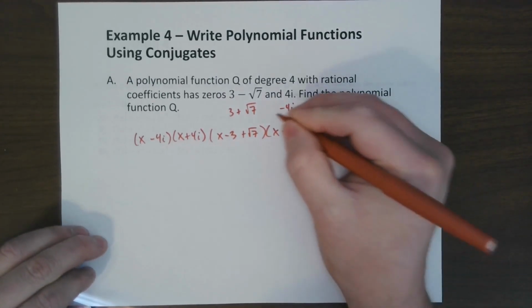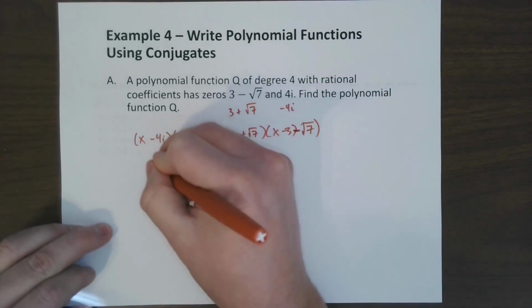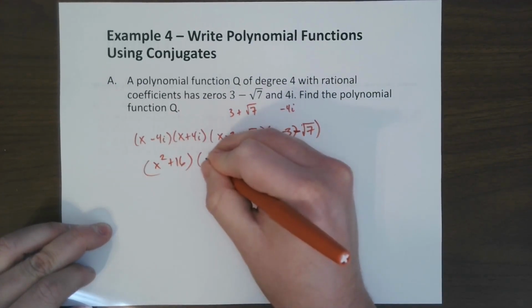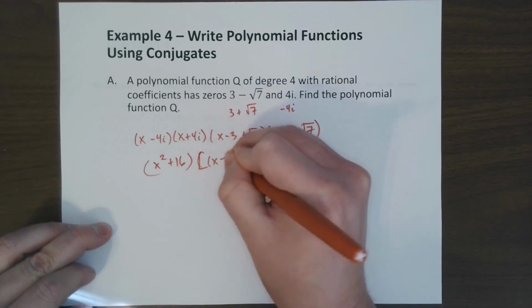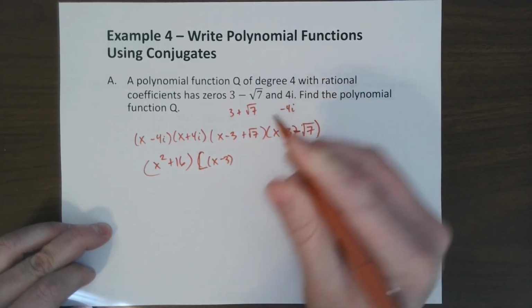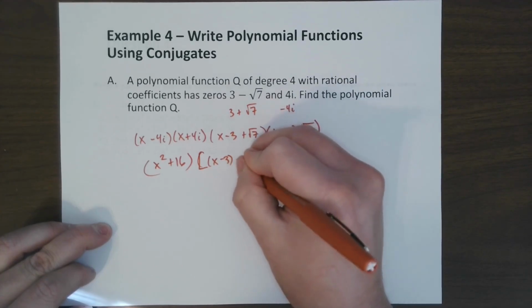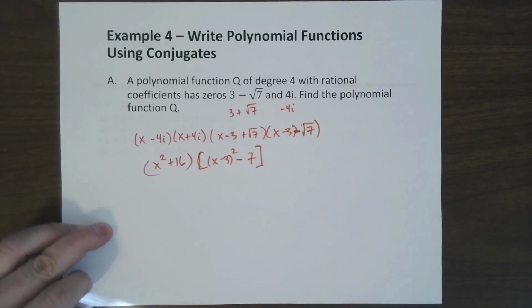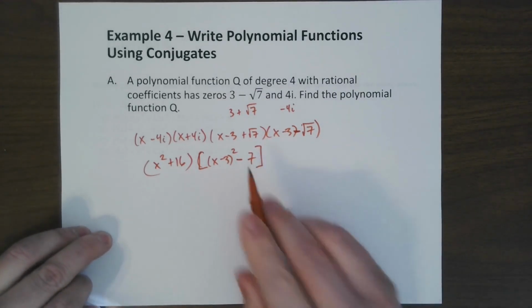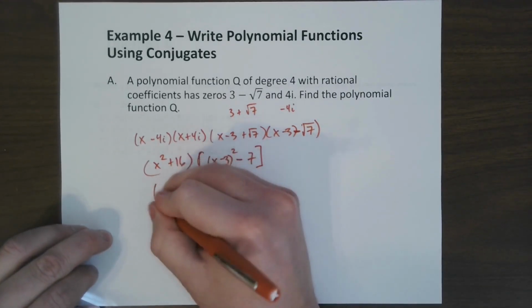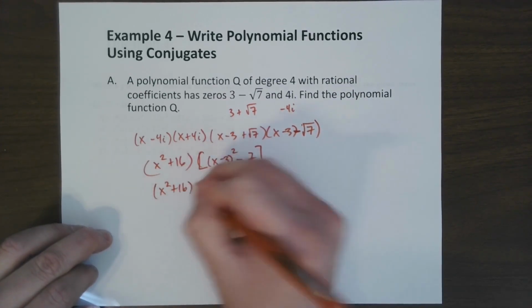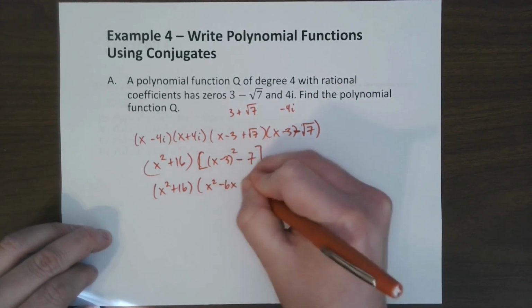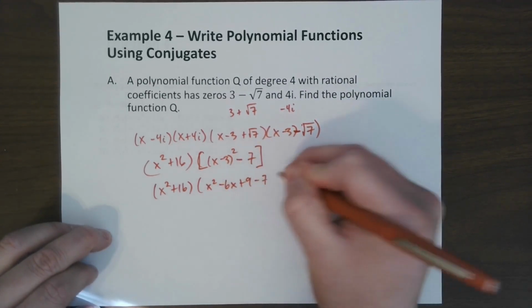And so basically what we get is x squared plus 16. And this one we get x minus 3. The difference is because there's no i, it's going to be minus 7. So that's the part you've got to be careful with. And then of course expand this, x squared plus 16. And then you get x squared minus 6x plus 9 minus 7.